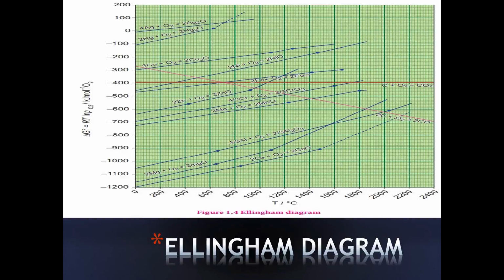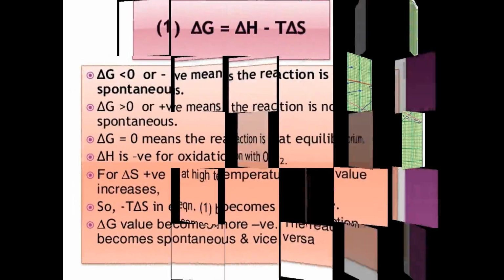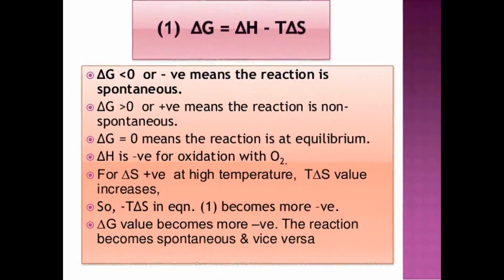Let me tell you the observations of the Ellingham diagram. Here, del G equals del H minus T del S. Del G is the Gibbs free energy, del H is the change in enthalpy, T is the temperature, and del S is the entropy change.